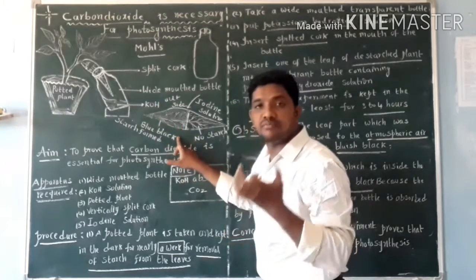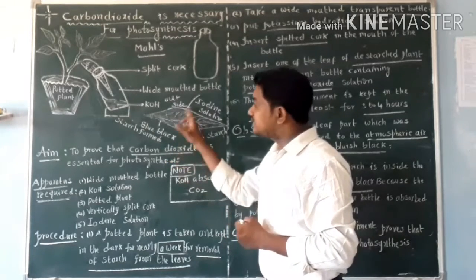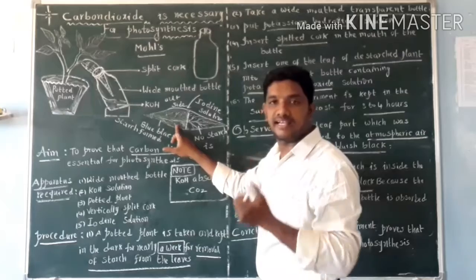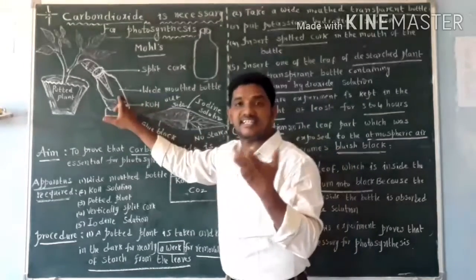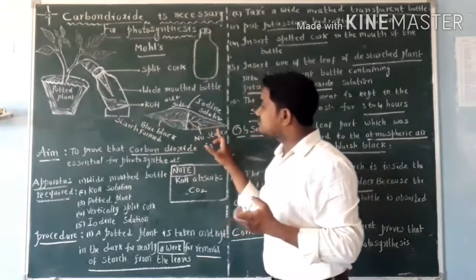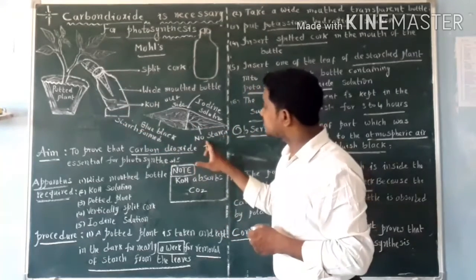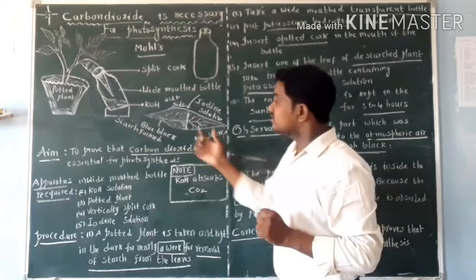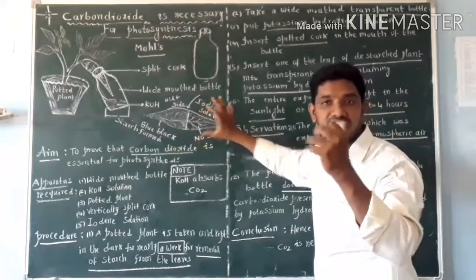This part turns blue or black color. The remaining part of the leaf which is inside the bottle does not change color. So here there is no starch. This is the main observation of this experiment.